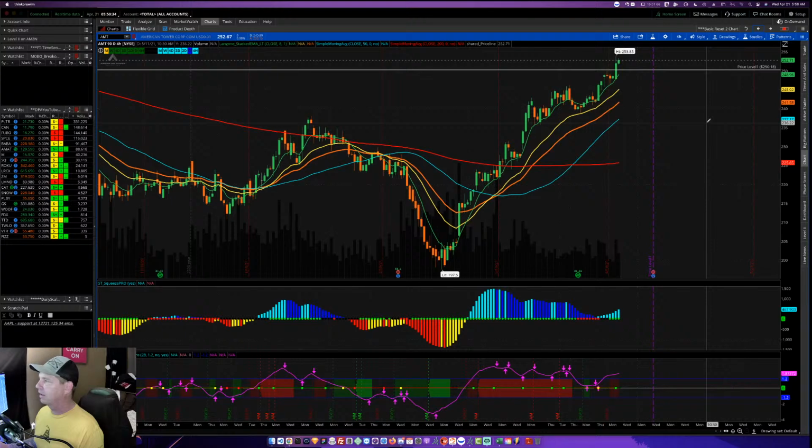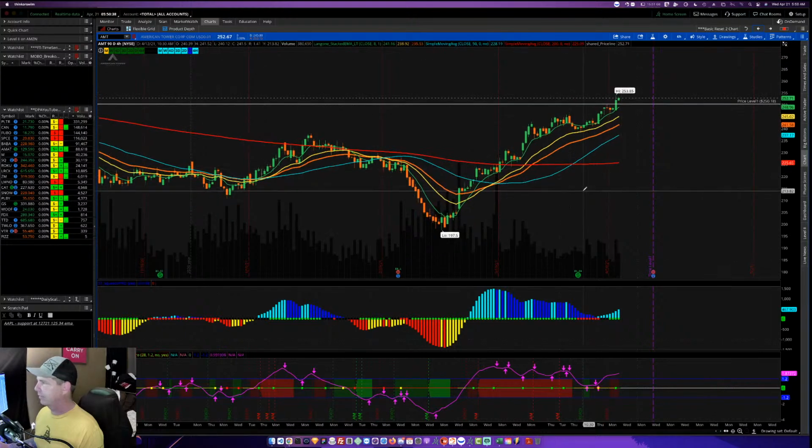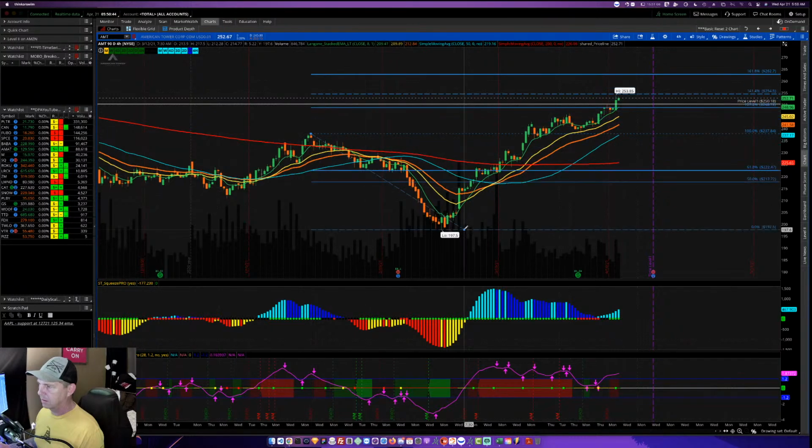All right, longer term, what I'd like to see: Fibonacci on the 4-hour chart. It looks like we just smashed through that 127 extension. I'm going to leave that there.